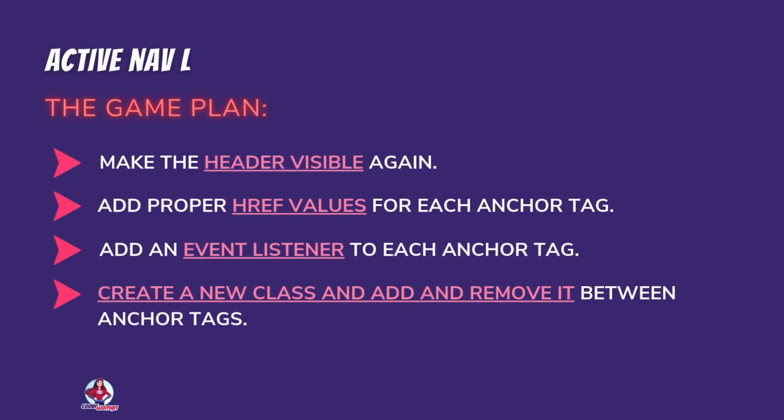First and very importantly, we need to make the header visible again, right? We have it hidden, so it would be hard to work on it. We need to add proper href attributes for each anchor tag. For example, if I click the About link, I should be taken to the About Me section. We also need to add an event listener to each anchor tag to listen for a click event.